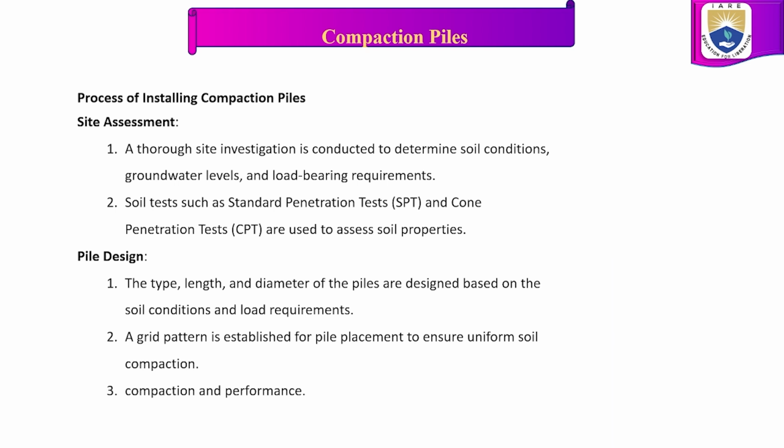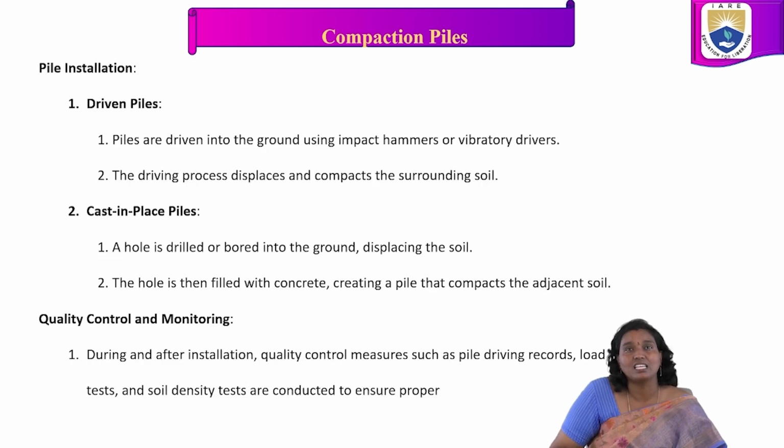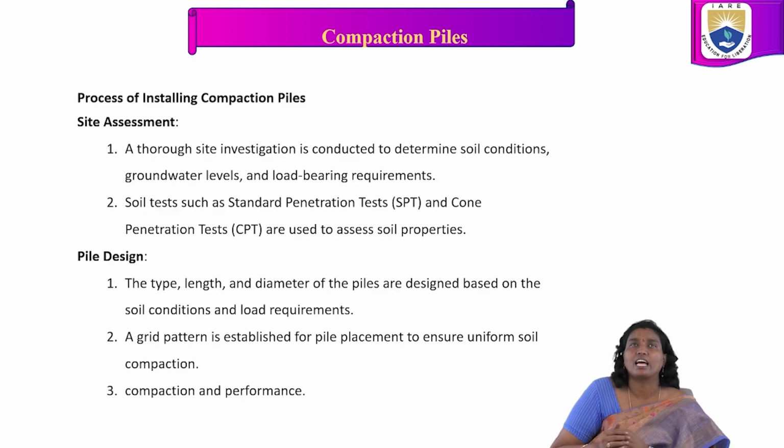Now, the process of installing the compaction piles. The process steps we follow are site assessment, pile design, pile installation, and quality control and monitoring. The first one is site assessment.